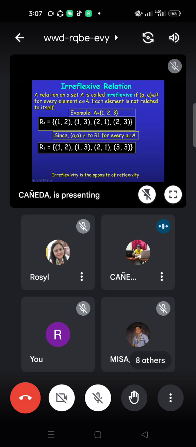Okay. So now we'll go to an irreflexive relation. A relation R on a set A is called irreflexive if an ordered pair A, A does not belong to R for every element A belongs to A, that is, each element is not related to itself.